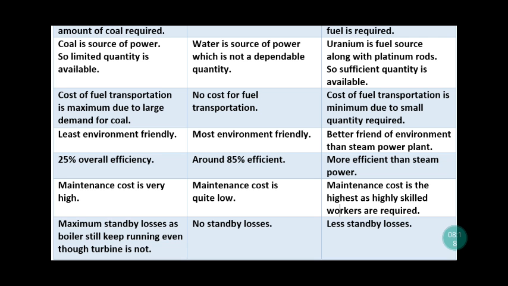In hydropower plant there are no standby losses. What is meant by standby loss? When a power plant is not working, whatever loss occurs is standby loss, which is less in hydro. Then there are less standby losses in nuclear. Among these three power plants, thermal has the maximum standby losses.